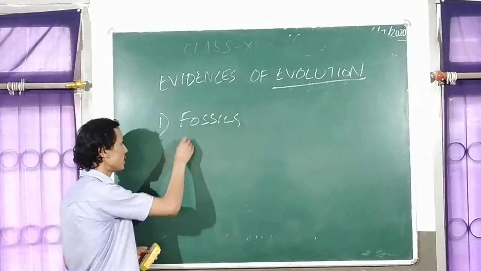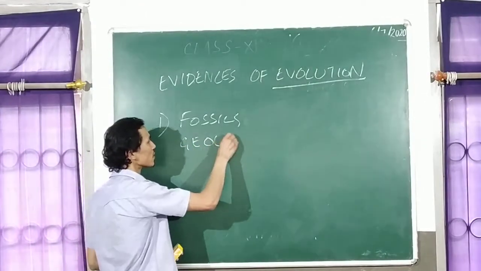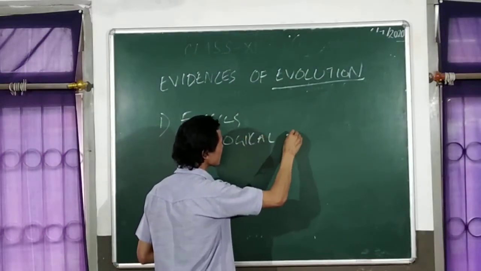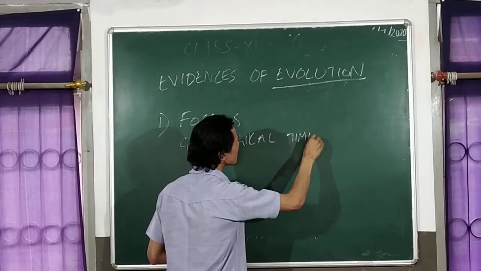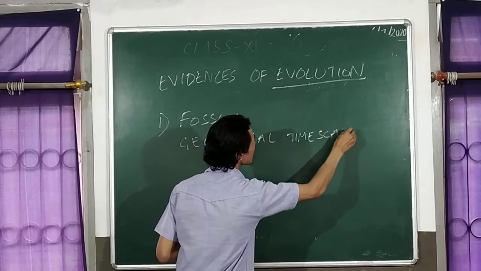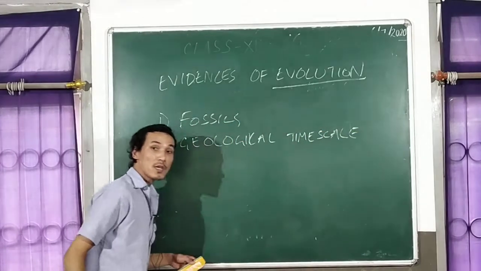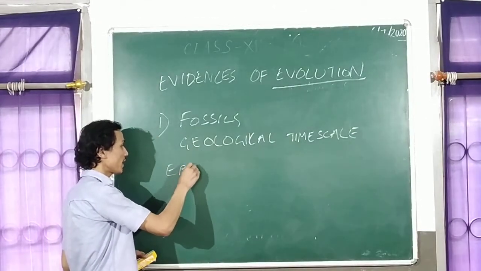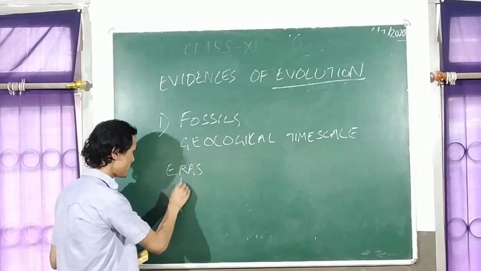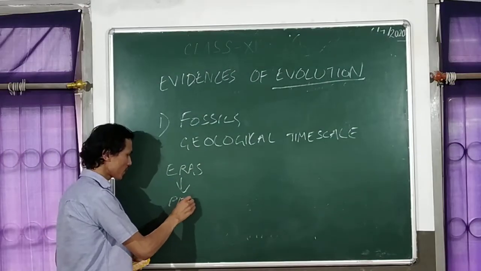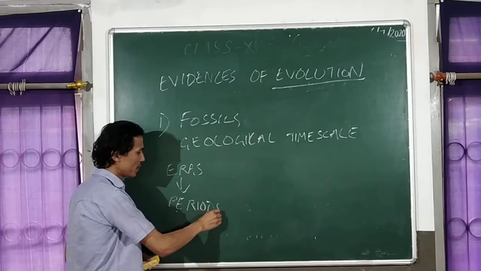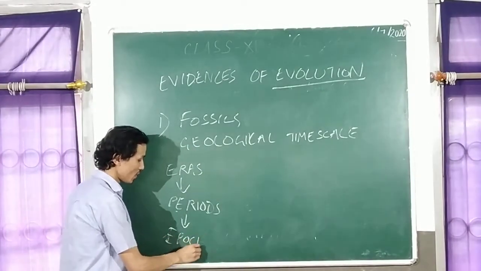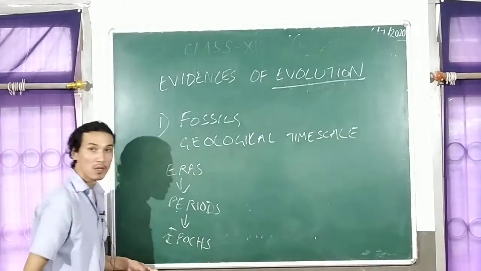That particular time scale is called the geological time scale. The geological time scale can be divided into eras which are further divided into periods, and periods which are further divided into epochs.